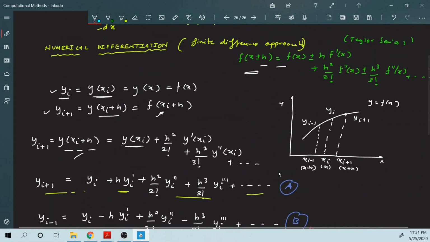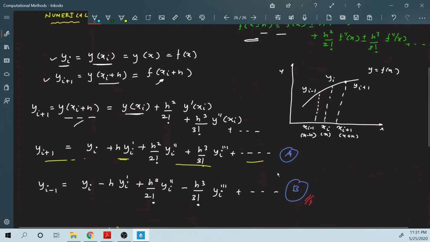Okay, so if you can see here, when you are going to use xi plus 1 and xi, it's going to be forward since you are using the function which is forward of xi. Okay, and when you use xi minus 1 and xi, this becomes backward.